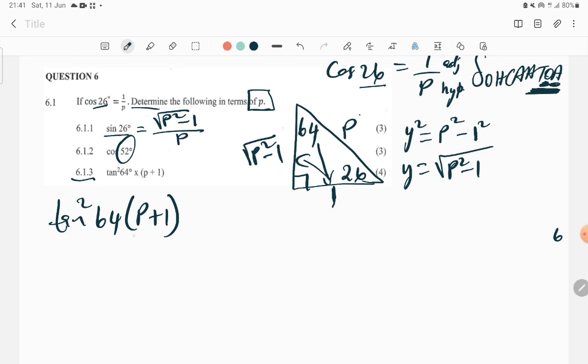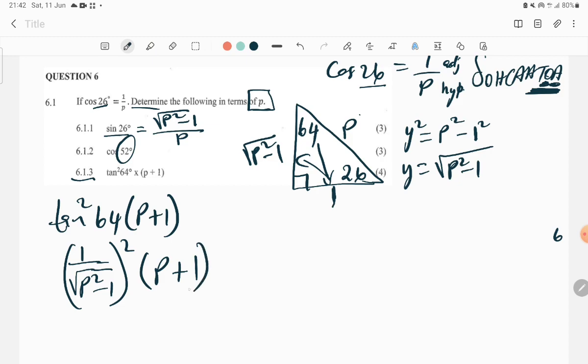So that makes 1 over the adjacent side, which is just what? Root p squared minus 1. But let's remember that this is being squared, and therefore there is a multiplication of p plus 1. So this is what we have.